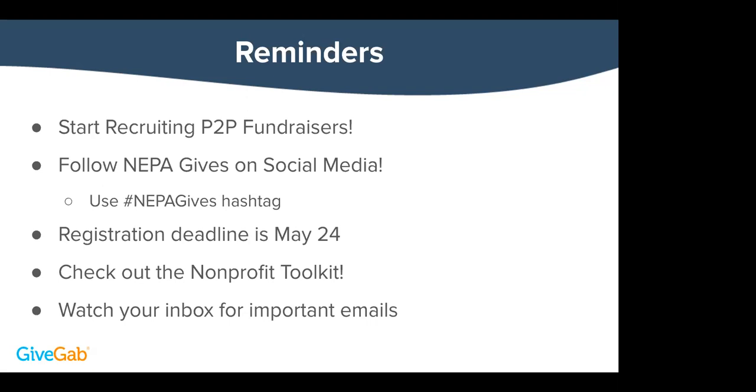For instance, if we need any information, or if you need to get in contact with us, just be on the lookout for anything related to the giving day. I know we're all kind of buried in our inboxes, but just make sure you're staying up to date on any big milestones coming up or any deadlines or anything like that.